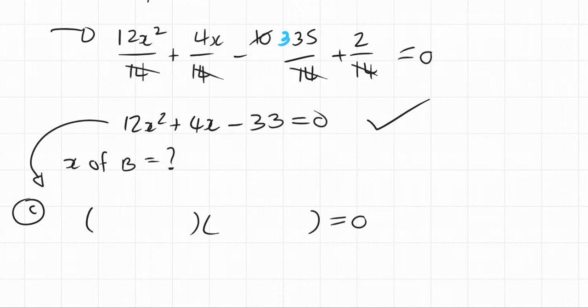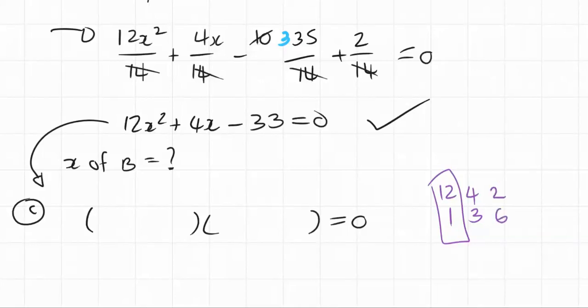So let's see, 12 has the 12 and 1 factors, or 4 and 3 times 3 makes 12. 12 and 1 probably, I'm not going to try first. I'm going to try 4 and 3, and also 2 and 6.